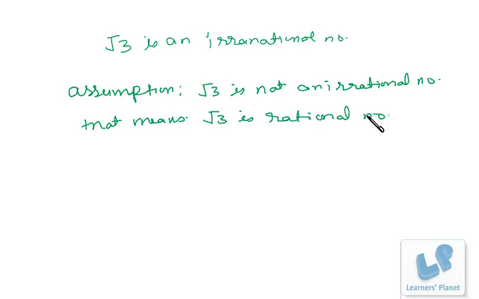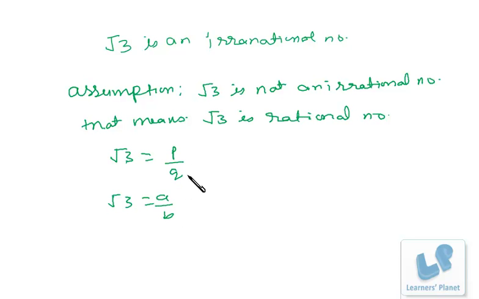Now every rational number can be written in p by q form. So I just write root 3 as p by q, where p and q both of them are integers and q is not equal to 0, right? So this is the first step. After that, suppose p and q have a common factor other than 1, right? So we eliminate that common factor and assume root 3 as a by b, right?